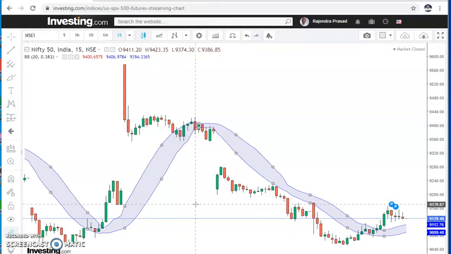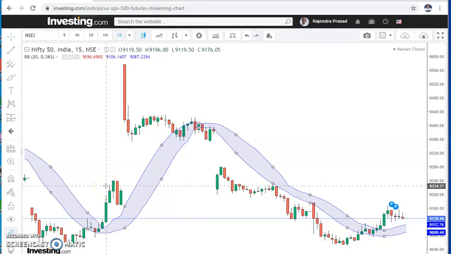The maximum is 1:3. You calculate where you are putting your stop loss. Suppose you are making a stop loss of 20 points, you aim for at least 40, 45, 50, whatever it may be, more than 40 points.